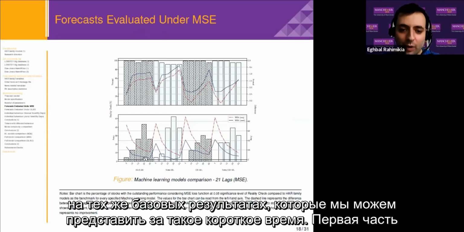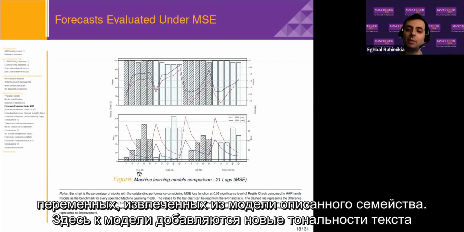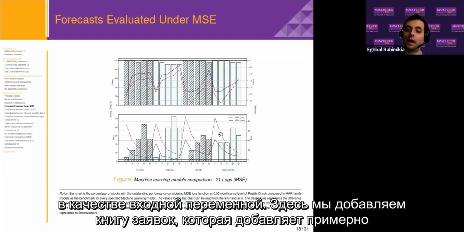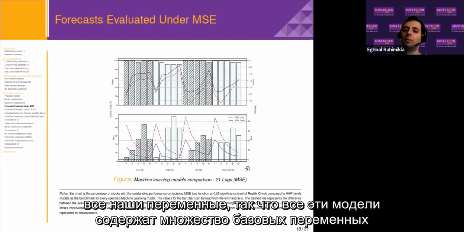The first part focuses on the machine learning model trained only on the variables extracted from Haar family models. This one adds news sentiments to those models as input variables. This one adds the order book, those 130-something variables, to the Haar family model variables, and this one contains all the variables we have.